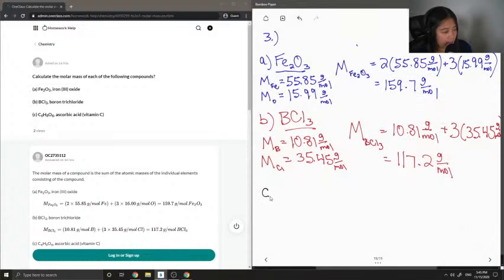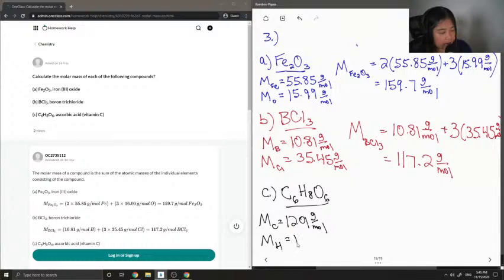And for the last question, part C is ascorbic acid. So it's C6H8O6. So the molar mass of carbon is 12.01. The molar mass of hydrogen is 1.01. And I already wrote out the molar mass of oxygen up there, and it's 15.99.